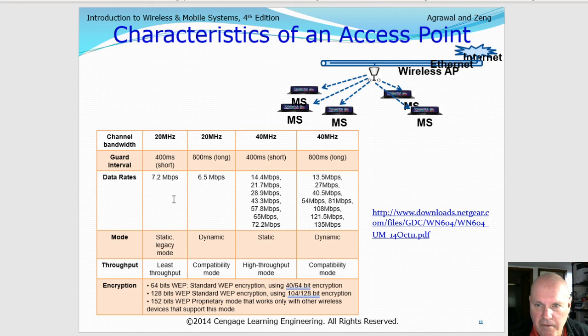A faster mode was developed, a 40 megahertz mode that may not be compatible with your older hardware. So they do have this 20/40 megahertz compatibility mode that will support the faster data rates provided by some of the modern hardware, while still maintaining the ability to communicate with some of the original hardware that was built for the original Wi-Fi specification.